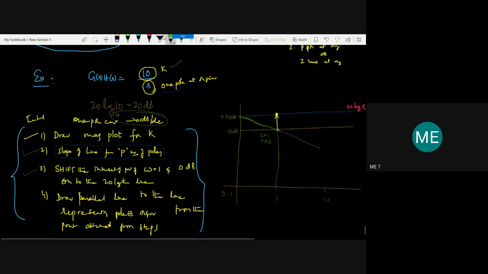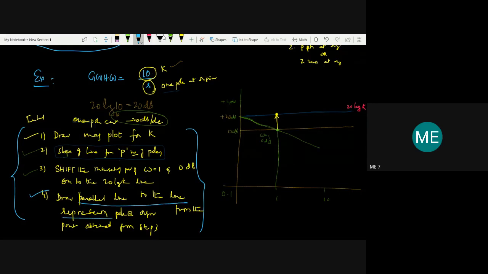After shifting this point, we need to draw a parallel line to the line representing pole at origin. Which is the line representing the pole at origin? This is the line.